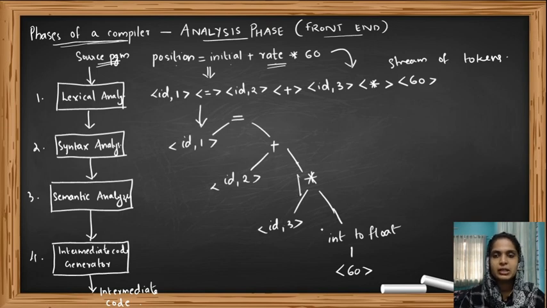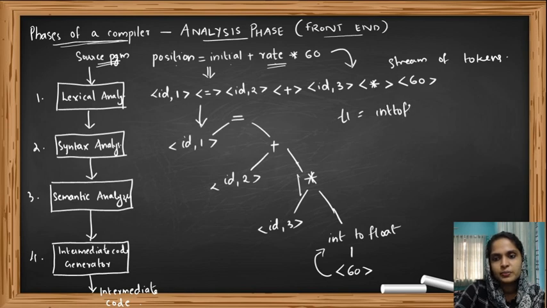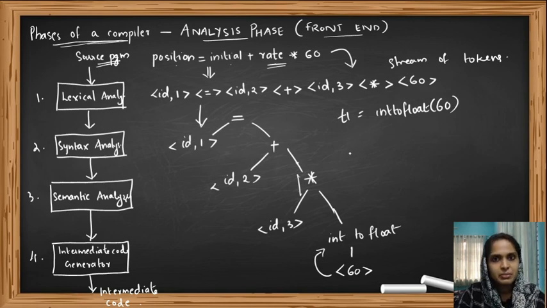For that conversion, our first step is to convert this integer value 60 to a decimal value. That is, we have to do the int to float conversion of 60. So let's assume a temporary variable t1 is equal to int to float of 60. And in 3-address code, in order to store the result, we will use some temporary variables. So first step is to convert the 60 to a float value, and we stored it in variable t1.